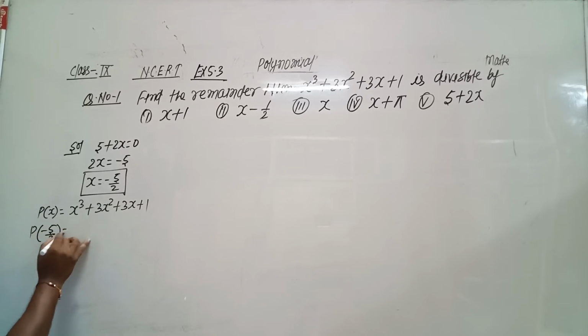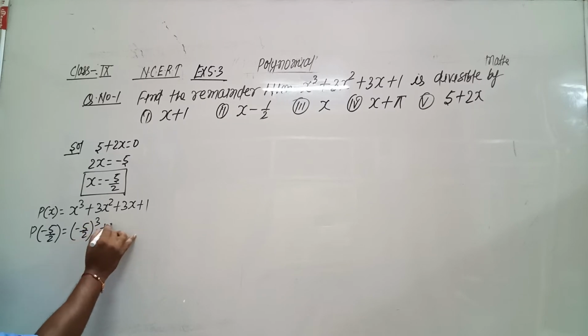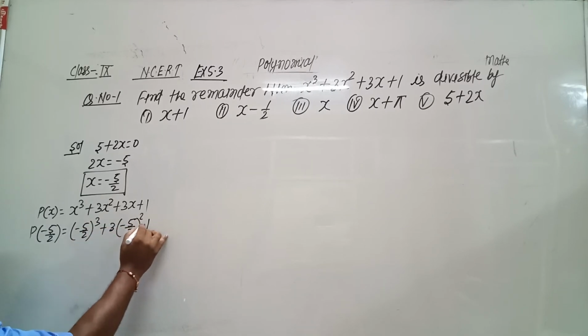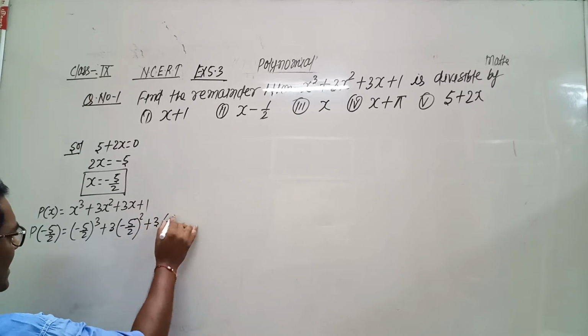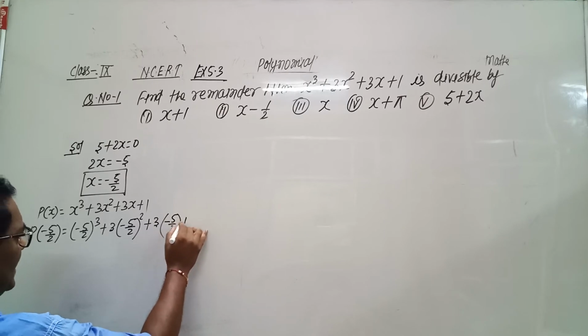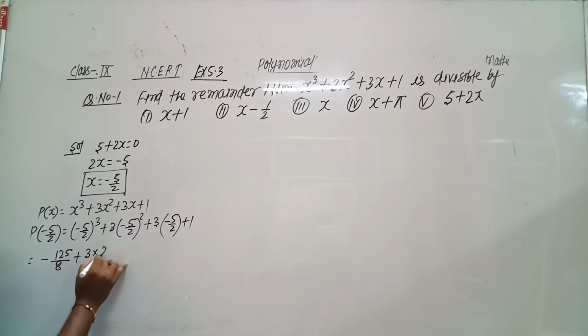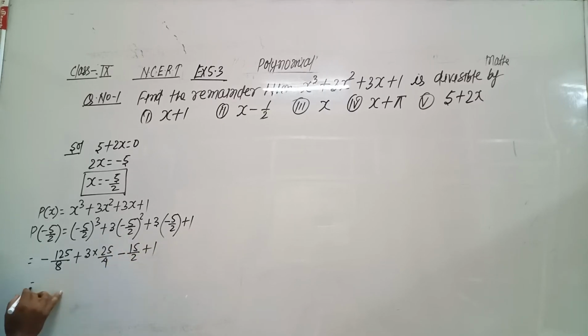So p(minus 5 by 2) is minus 5 by 2 the whole cube plus 3 into minus 5 by 2 the whole square plus 3 into minus 5 by 2 plus 1. So we get minus 125 upon 8 plus 3 into 25 upon 4 minus 15 by 2 plus 1.